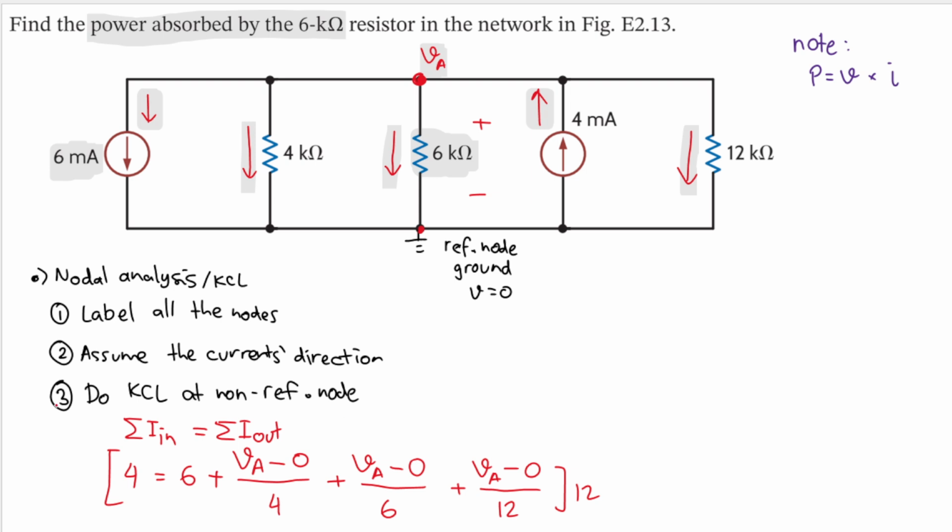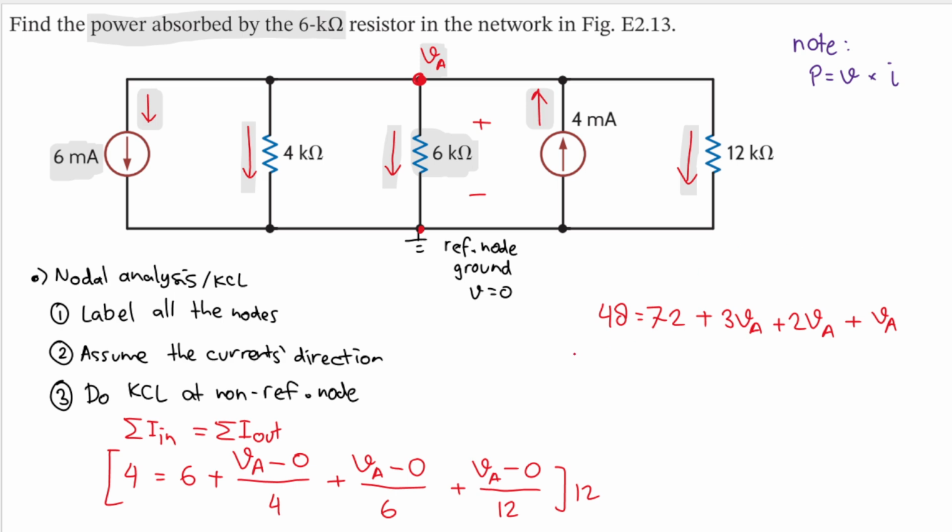So 4 multiplied by 12 will be 48, and that will equal 6 multiplied by 12, which is 72. Then 4 and 12 cancel into 3, so I will have 3 VA. 6 and 12 cancel into 2, so I will have plus 2 VA. And 12 and 12 cancel into 1, so I will have plus VA. Good.